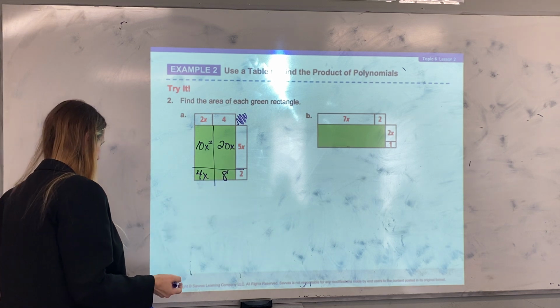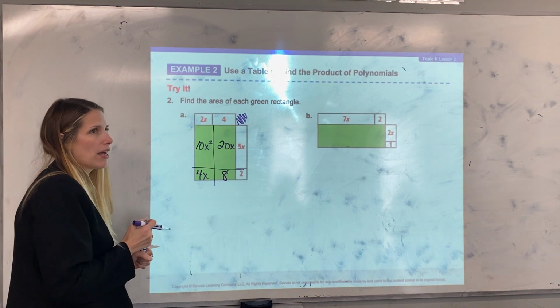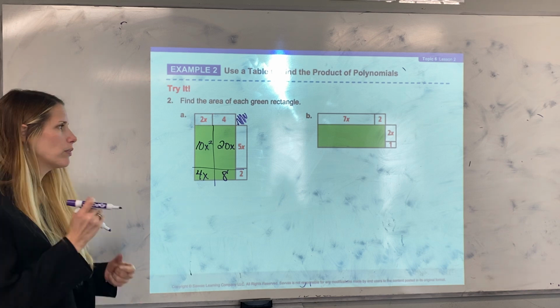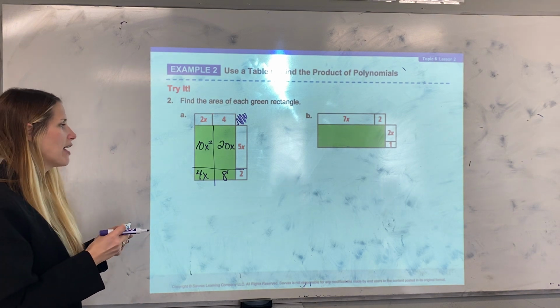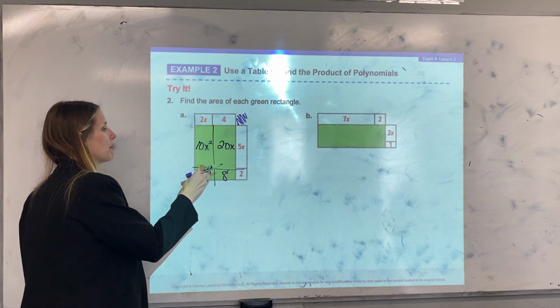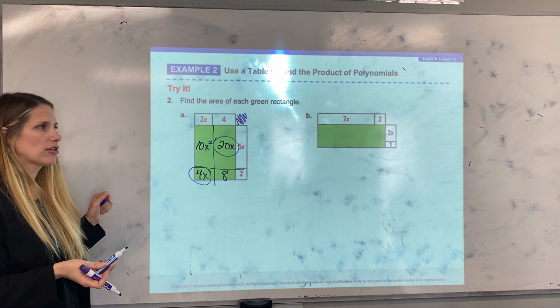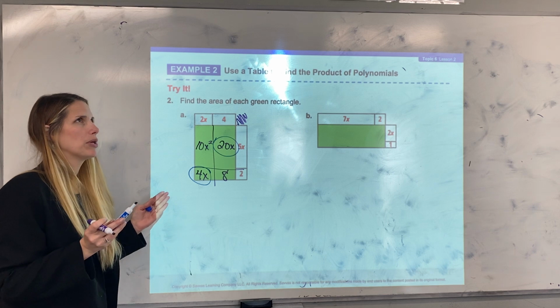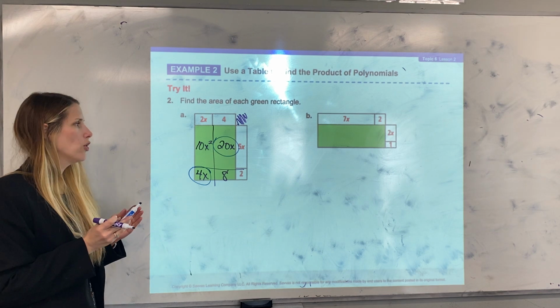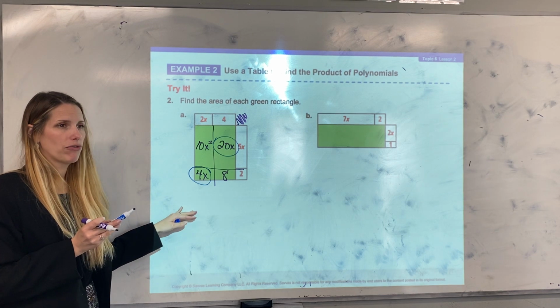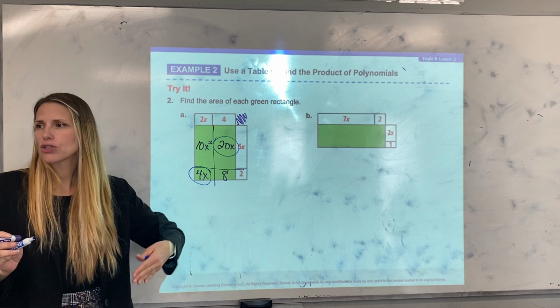So now, we had notes on this yesterday. We multiply and then we combine like terms. And I think I said this yesterday, I don't mind if you put both of those steps in one, where you write it in standard form and combine like terms as you go.